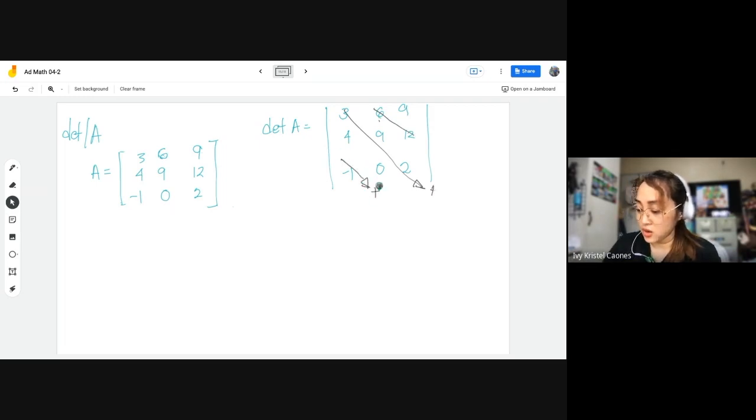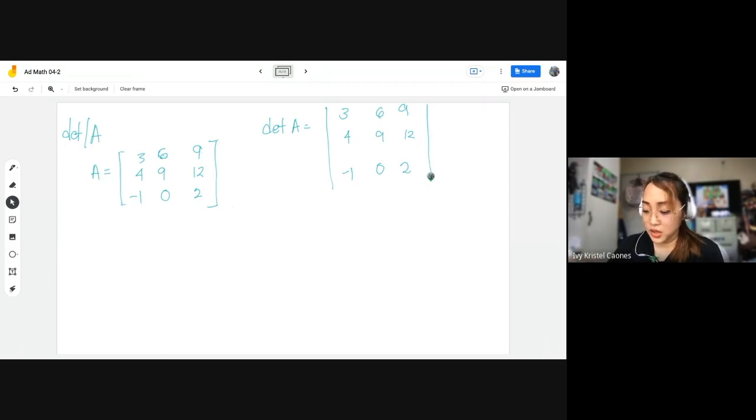Others copy the first two columns after the line so it does not wrap around, which is also possible. Then the upper right to lower left products are negative.